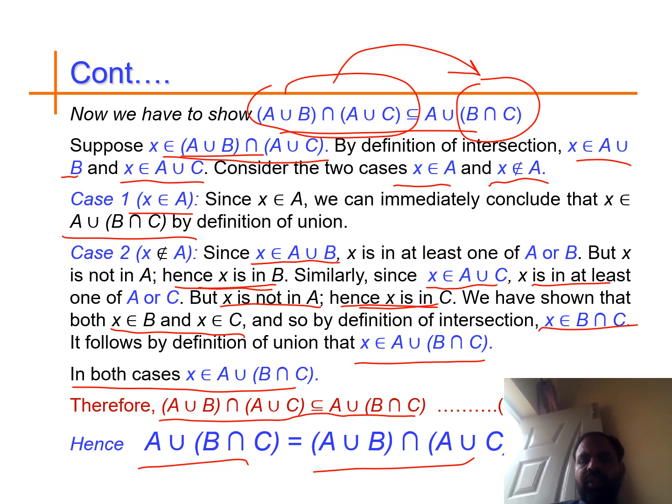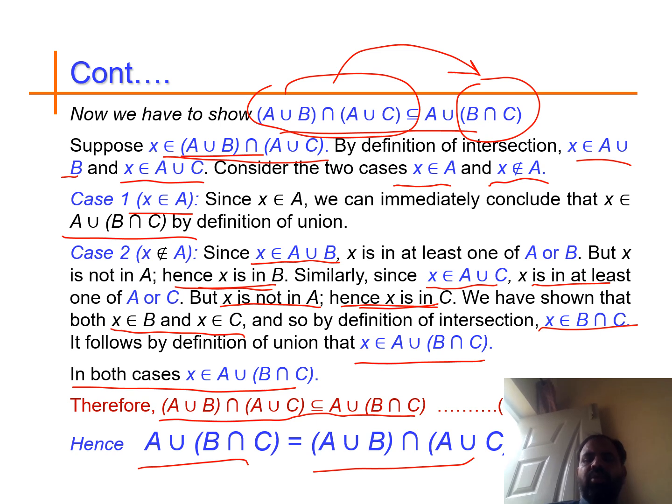By definition of intersection, X belongs to A union B and X belongs to A union C. Consider two cases: X belongs to A and X doesn't belong to A. For case 1, since X belongs to A, we can immediately conclude that X belongs to A union (B intersection C), by the definition of union.